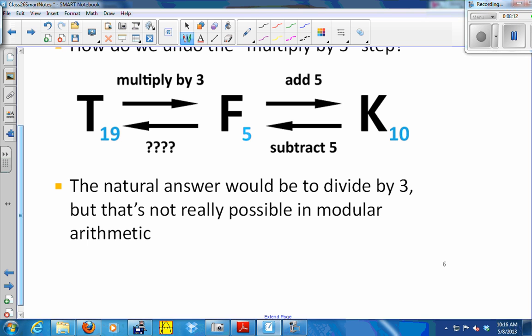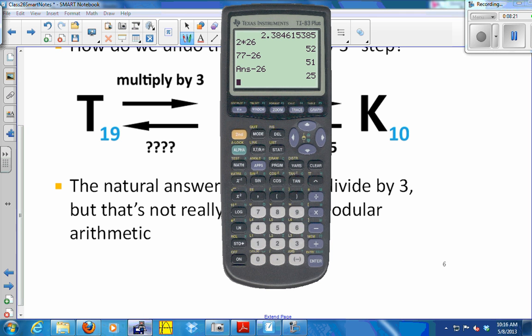So this is my encoding process. When I start to encode, I start with a T, which is a 19. I multiply by 3, and 19 times 3 is 57, which is equivalent to 5.